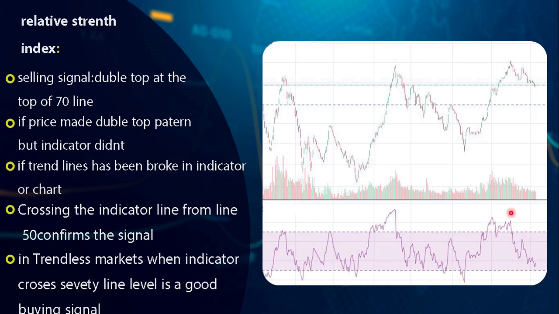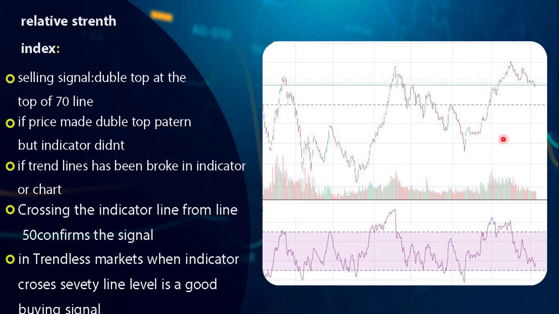From here to here we have an upward trend, but from here to here the line that attaches these two highs is a downward line. It shows a downward trend, and it shows us the sellers are going to be more powerful at this point.